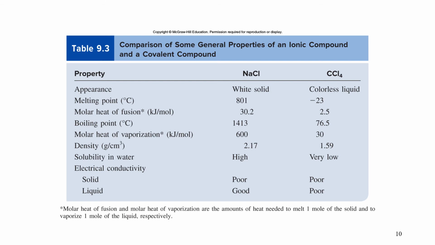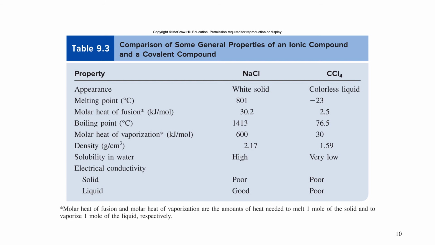And when we compare sodium chloride to carbon tetrachloride, of course, sodium chloride is a solid, carbon tetrachloride is a liquid, but look at the melting points. Melting point of sodium chloride, 801 degrees Celsius. For carbon tetrachloride, minus 23 degrees Celsius.